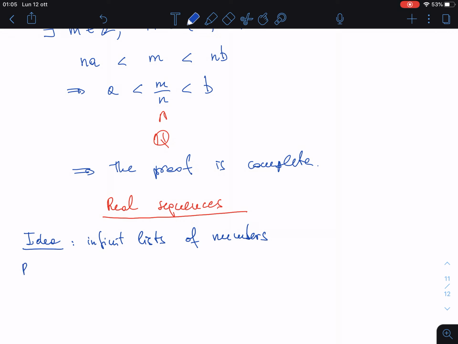And the rigorous definition, if you really grasp the idea of function, is clear.